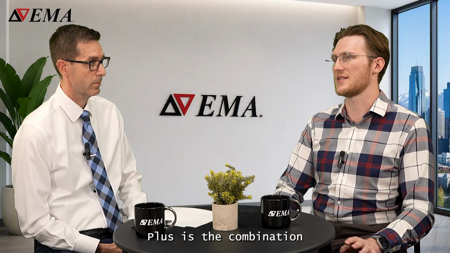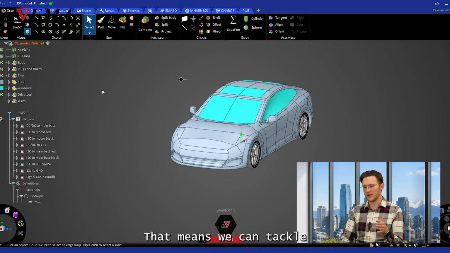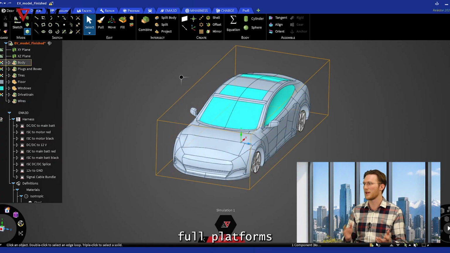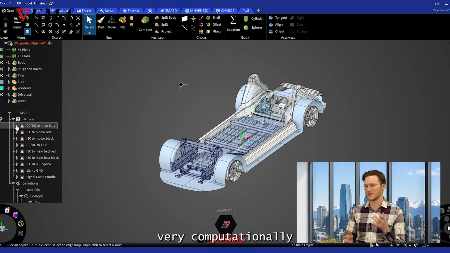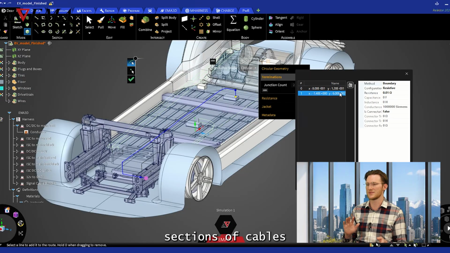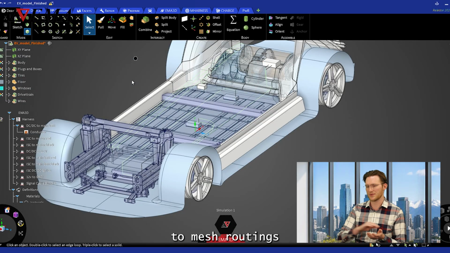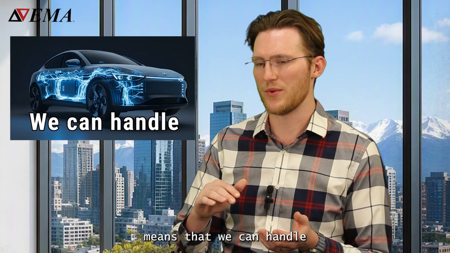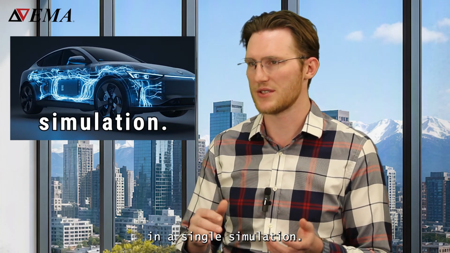The really unique thing about EMC Plus is the combination of our FDTD solver and transmission line solver. That means that we can tackle full platforms in a very computationally efficient way. Just being able to assign cross sections of cables to mesh routings means that we can handle thousands of cables in a single simulation.